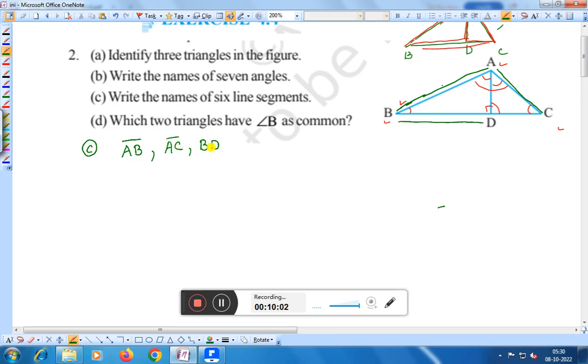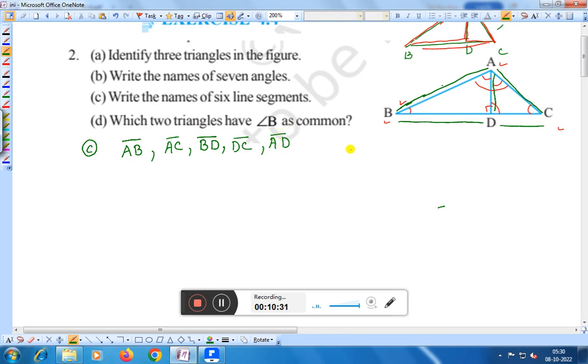And another you can take here as DC, D to C. Then you can take AD also, A to D, AD line segment.